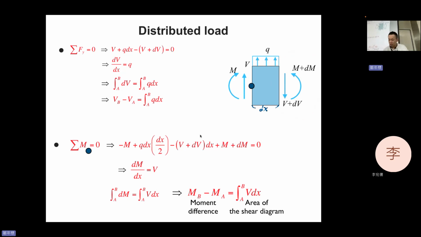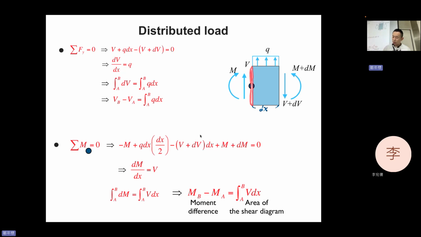Okay, we are going to see this. Previously, no matter how much m and v there are in the previous position, I just want to know what is the effect due to this q that will make the m and v change after dx.